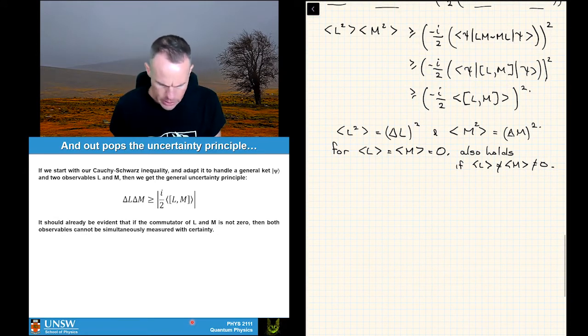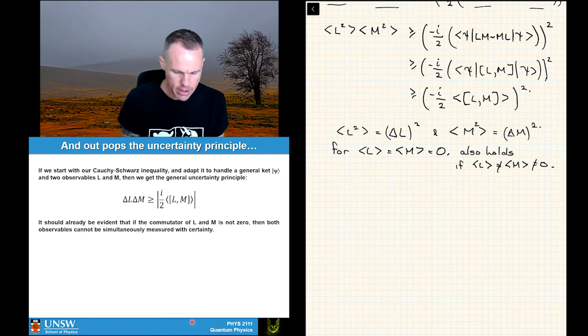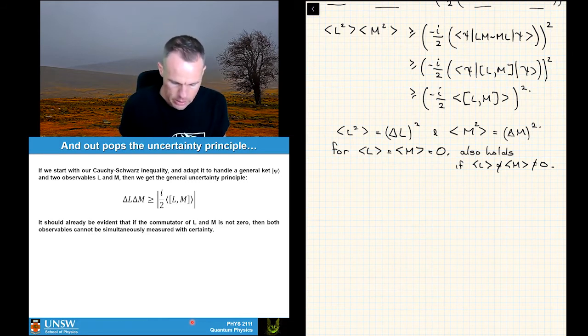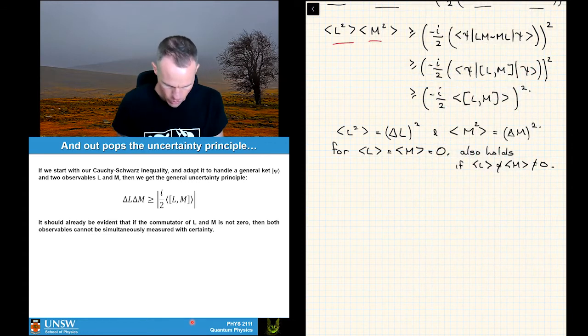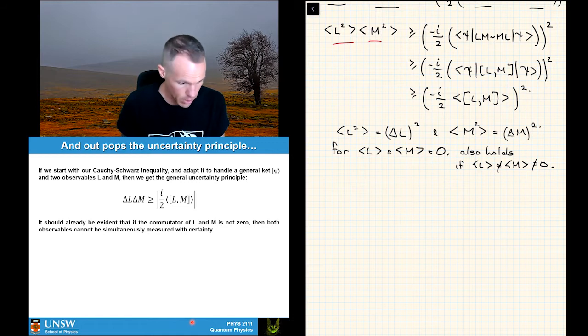So what I want to do is take that now and use it in the relation that I've got above, that's really just coming from my Cauchy-Schwarz inequality. So we can replace these two terms here with the corresponding uncertainties.